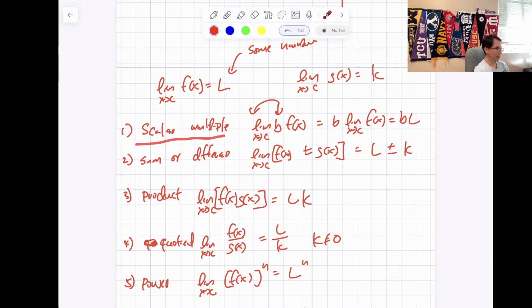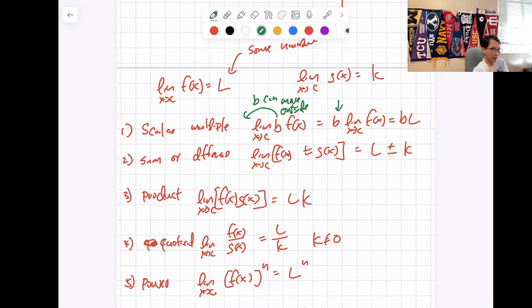The first property is scalar multiple. Scalar multiple is probably the only one that's really important here. Understand that if you have a constant b here, you can take the b out, outside the limit. So b can be moved outside the limit.